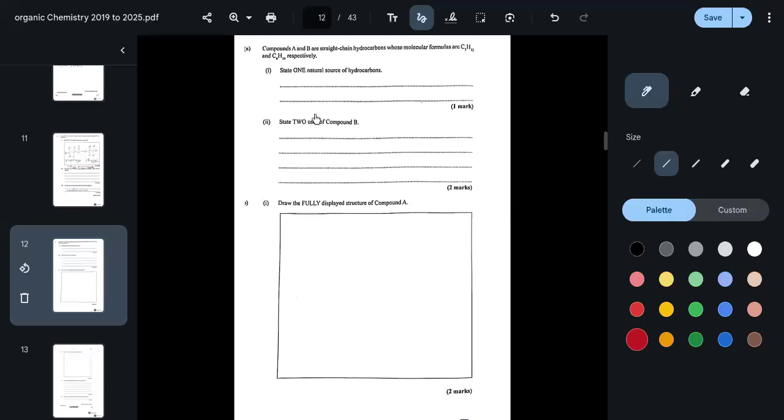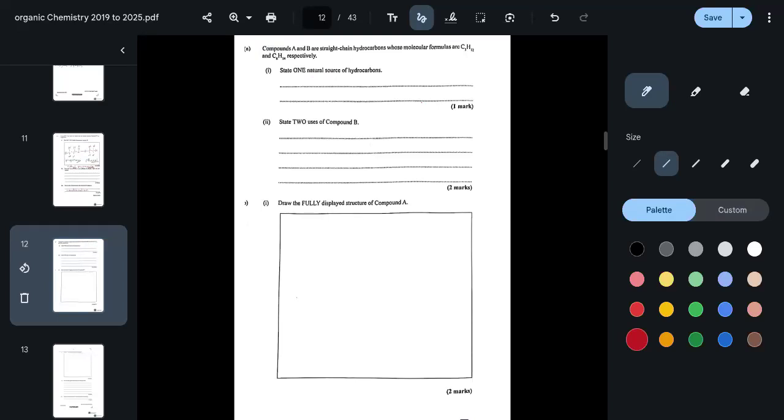All right, for this one, what are the two sources of hydrocarbons that we looked at? Petroleum and crude oil. Right, petroleum is the same as crude oil. The other one starts with N. Natural gas.